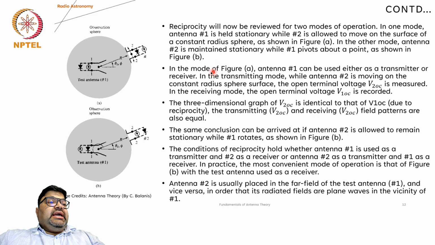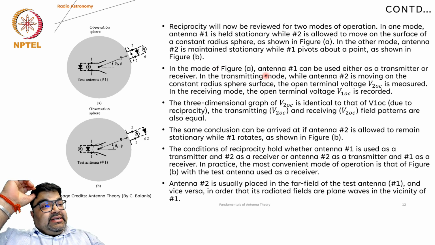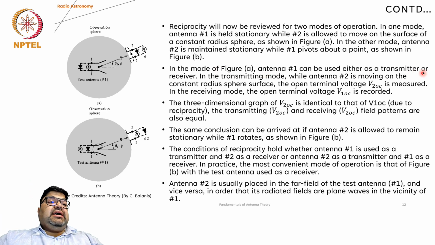In the mode of figure A, antenna number 1 can be used either as a transmitter or a receiver. In transmit mode, while antenna 2 is moving on the constant radius sphere surface, the open terminal voltage V2OC is measured. In the receiving mode, the open terminal voltage V1OC is recorded.